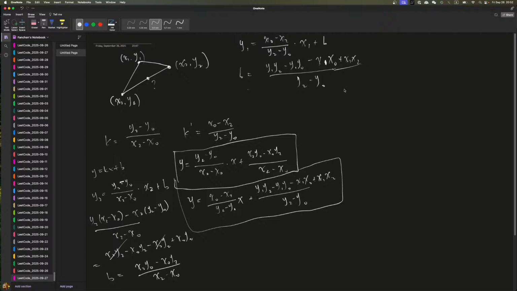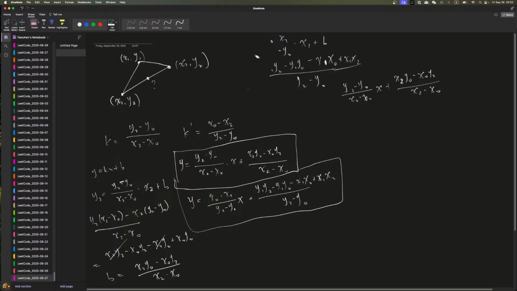So what we have is (y2 minus y0) over (x2 minus x0) times x plus (x2y0 minus x0y2) over (x2 minus x0). Actually, I don't have to rewrite everything. I'm going to delete all the other stuff to give me some room to work with.